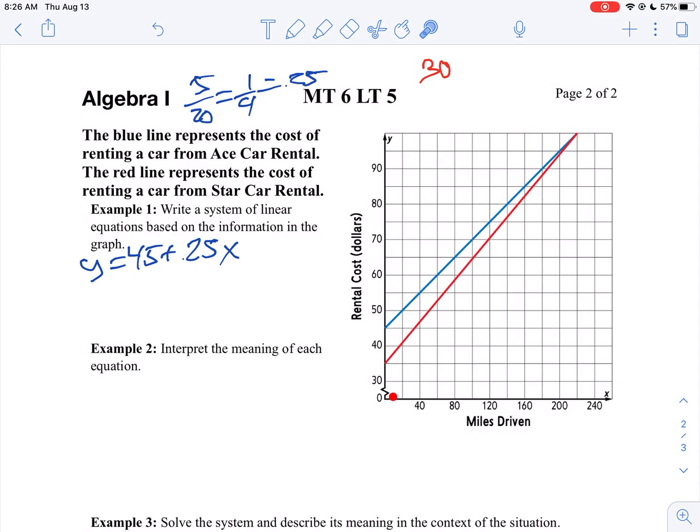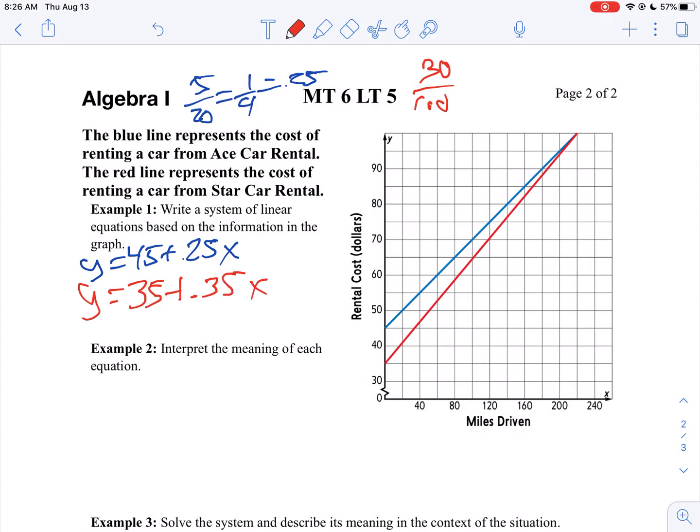And then we're going over 100, right? Because we're going from 0 to 100. So 30 over 100 are 30 cents. So we're going to write y equals 35 plus 0.35x.